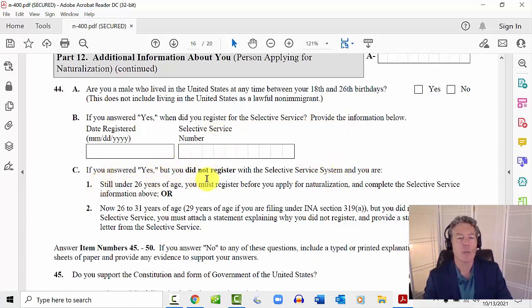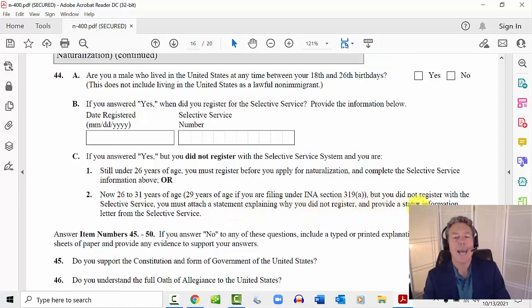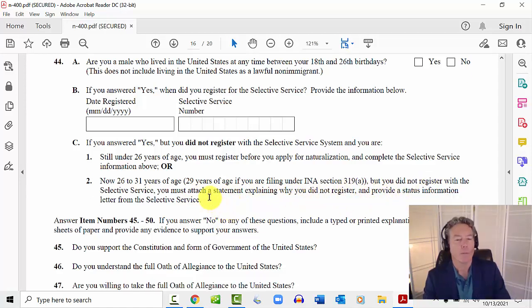If you answered yes, but you did not register with the Selective Service and you are still under 26, you must register right now. Or 26 or 31 years of age, 29 years of age if you're filing under INA Section 319(a), the 3-year. But if you did not register with the Selective Service, you must attach a statement explaining why you did not register and provide a status information letter from Selective Service.